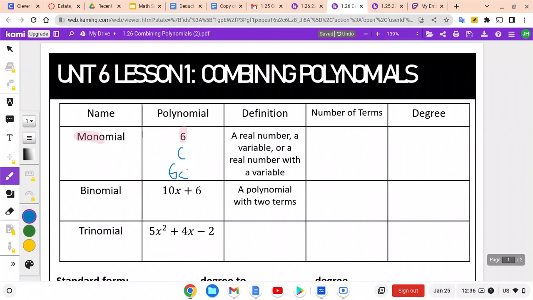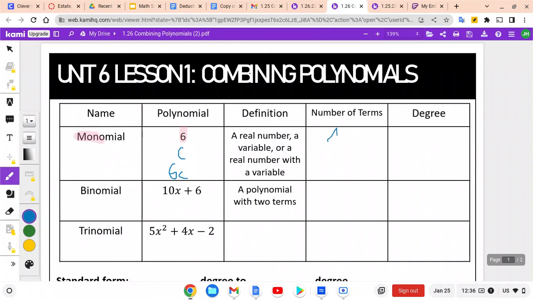Basically, with monomials, you're not going to see adding a plus or minus sign. I mean, you can still see a negative sign out front, but you're not going to see something plus something. It's just one term, either a variable, a number, or a variable and a number stuck together, like 6C.